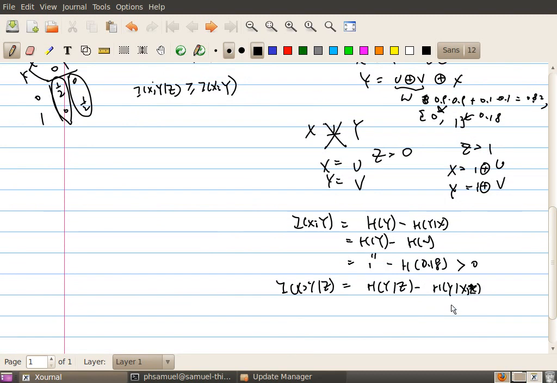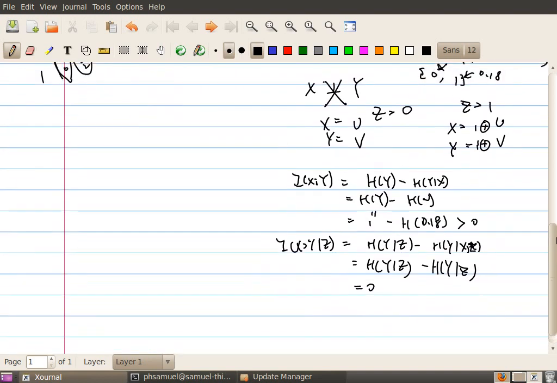So actually, we can know that given z, just by the Markov chain, x is independent, and therefore we have H(Y given X,Z) equal to H(Y given Z). So this will be equal to 0. These two terms will just cancel. So okay, that's what we have here now.